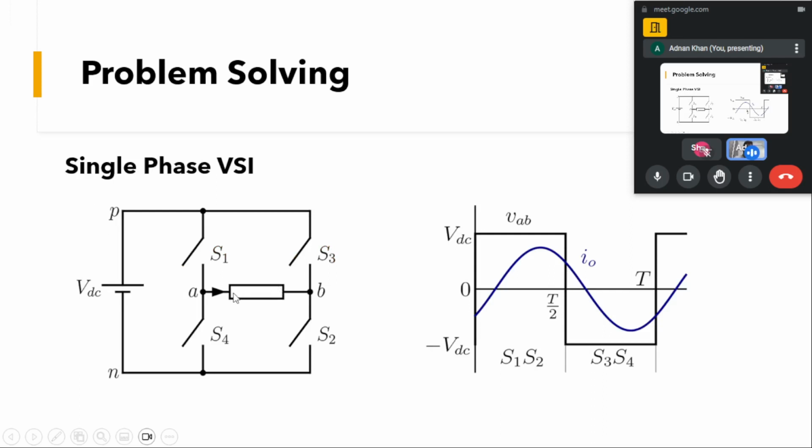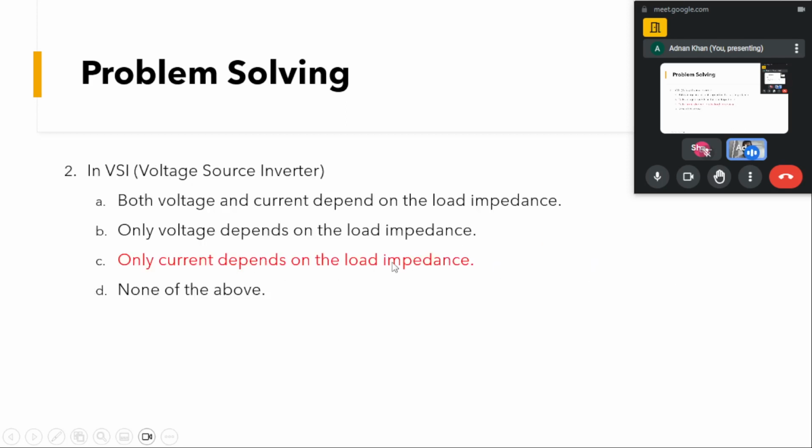If our load is resistive, we'll be having a square wave. If it's purely inductive, we'll be having a sinusoidal waveform. That means with the change in load impedance, our current shape is getting changed. That means option C is the answer to this question.